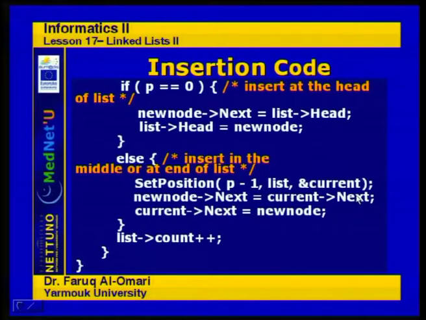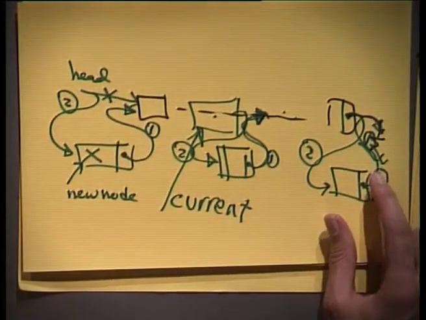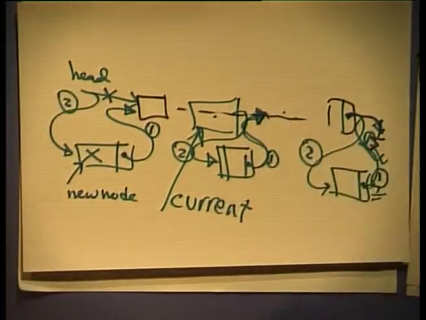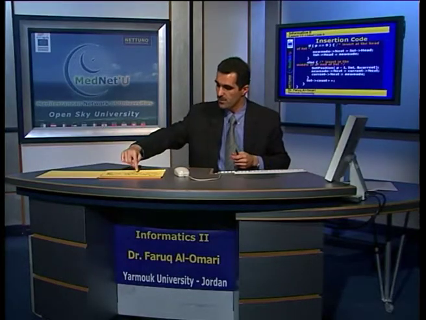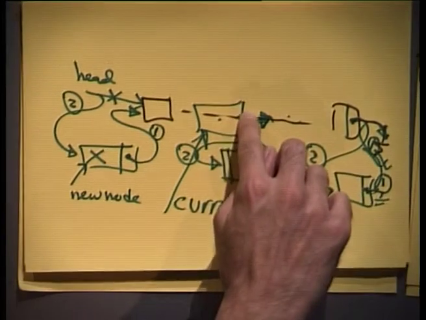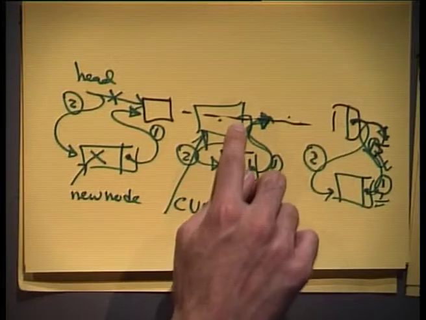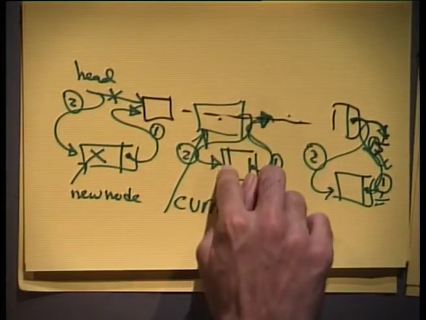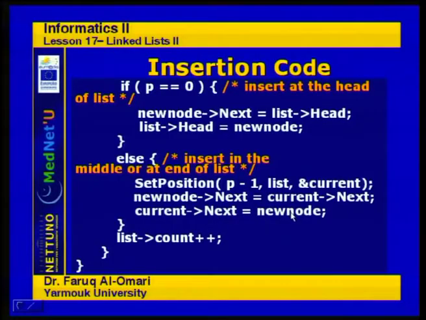And now I can safely, once I have this tied here, that means the rest of the nodes are in a safe place now. I have access to them through this new node pointer. I can now break this sequence and move it to point to new node. So the next thing I'm going to say, current arrow next point to new node. So current arrow next equals new node.